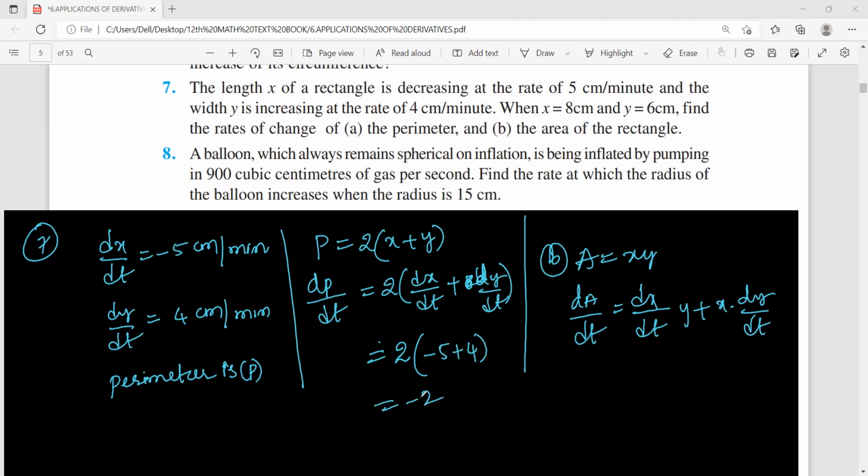That means the perimeter is decreasing at the rate of 2 centimeters per minute. Is the area increasing at 2 centimeters square per minute?